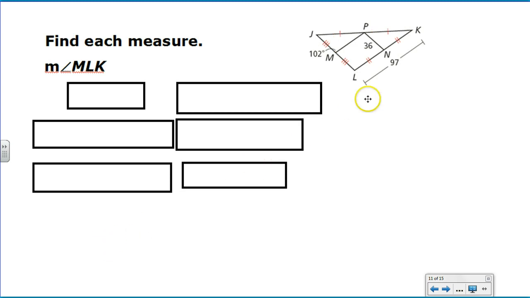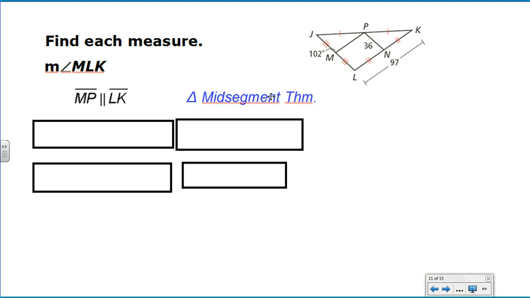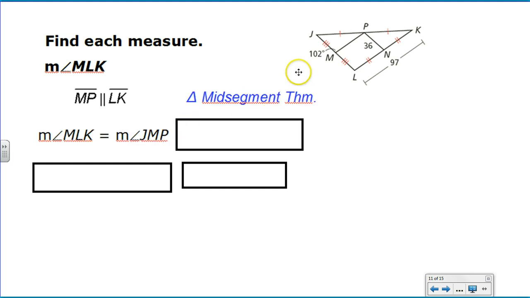The measure of MLK. Well, we can say that MP is parallel to LK. And once again, we have the triangle midsegment theorem, right? And so we can say that the measure of angle MLK equals the measure of JMP, right?